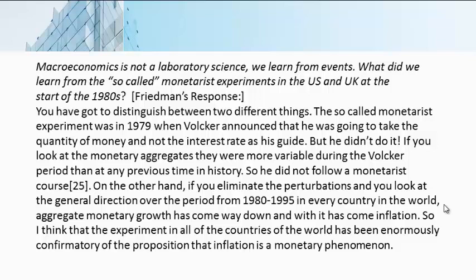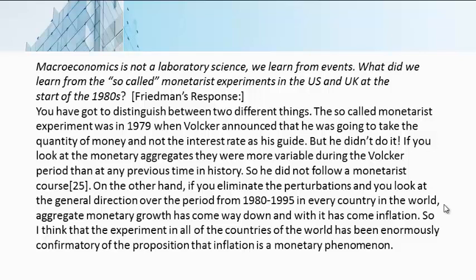Friedman said that the monetarist experiment was in 79 when Volcker announced that he was going to take the quantity of money and not the interest rate as his guide, but he didn't do it. If you look at the monetary aggregates, they were more variable during the Volcker period than at any other previous time in history. So he did not follow the monetarist course, because the money supply was not growing constantly at 6%.